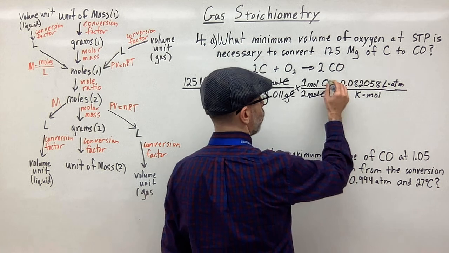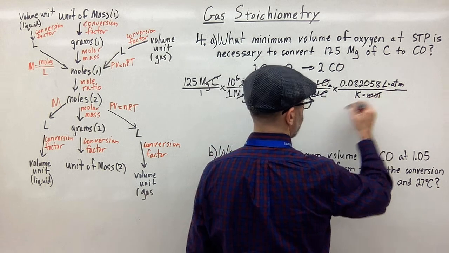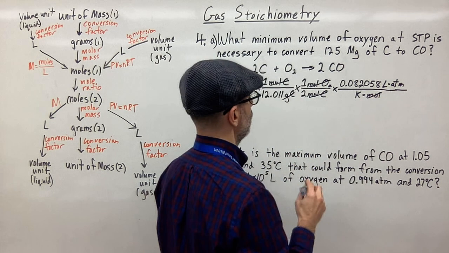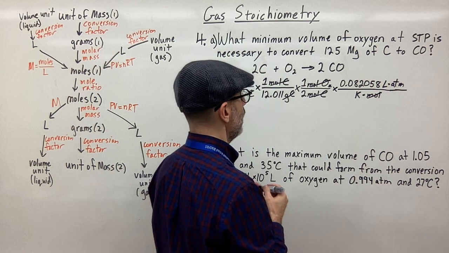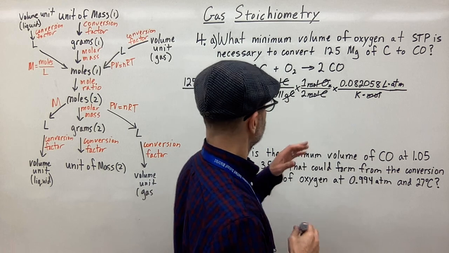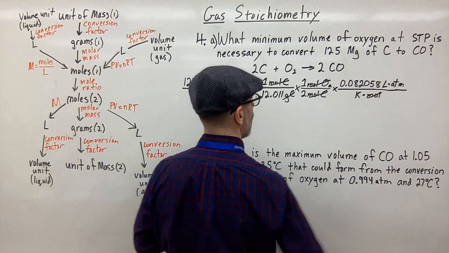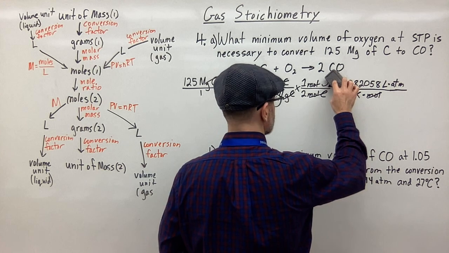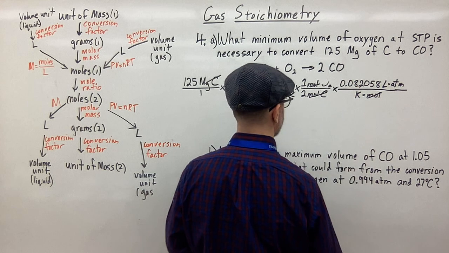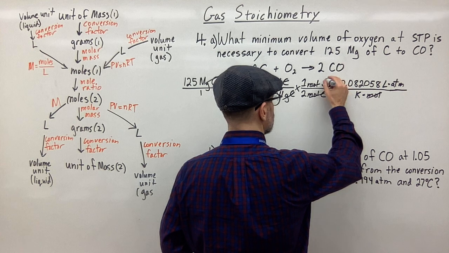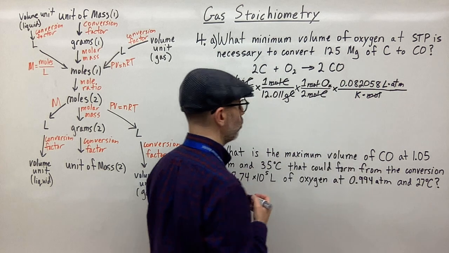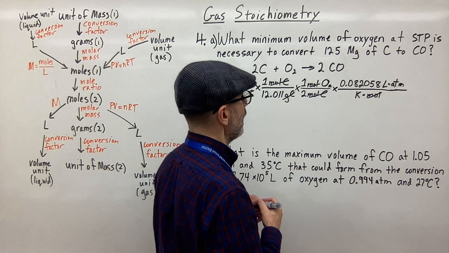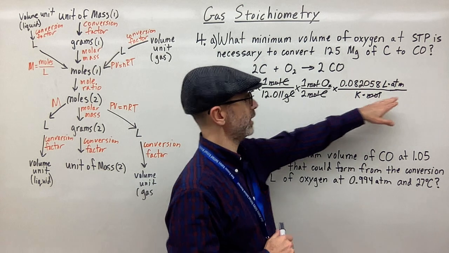So here, moles are going to cancel out. Oh, I'm sorry, not oxygen though. Sorry, don't want to cancel out oxygen since we're talking about oxygen. We want oxygen, but moles is going to cancel out. So moles. And then what about the Kelvin and atmospheres?